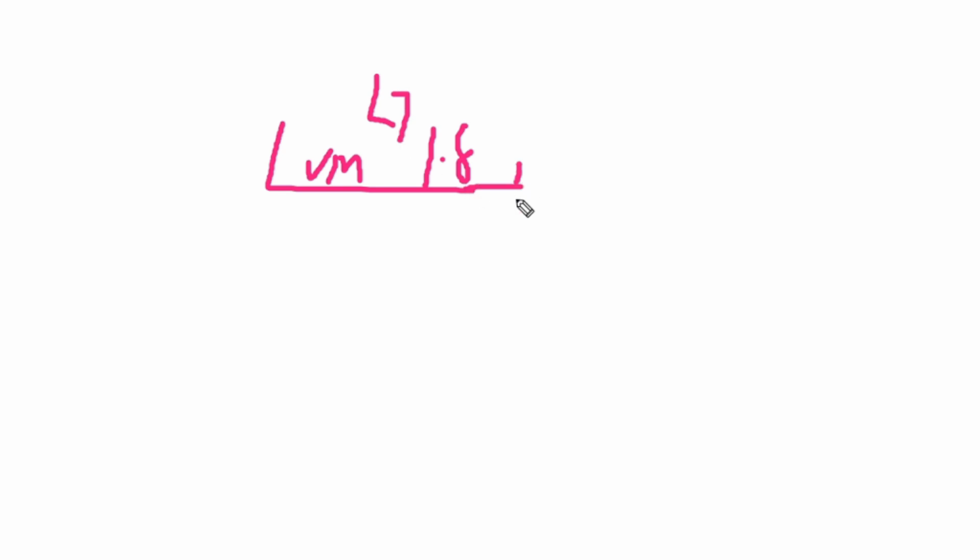Now R1 is connected with the positive, right. Now R2 is connected with the ground. Then the circuit will be complete.